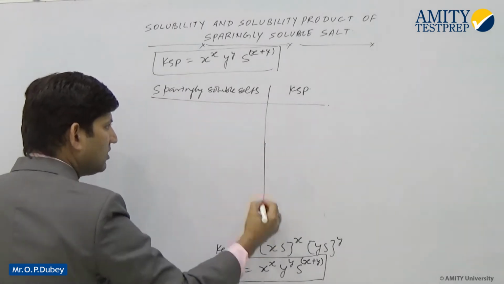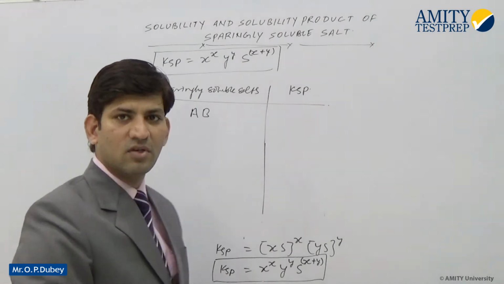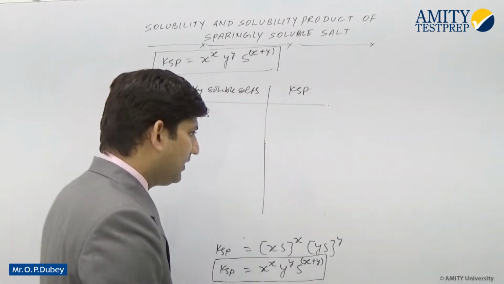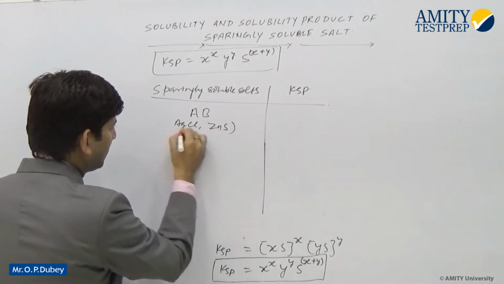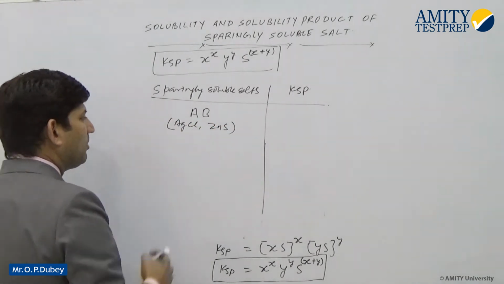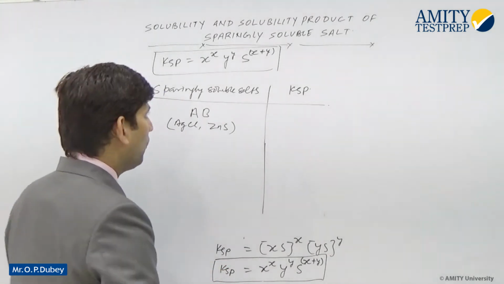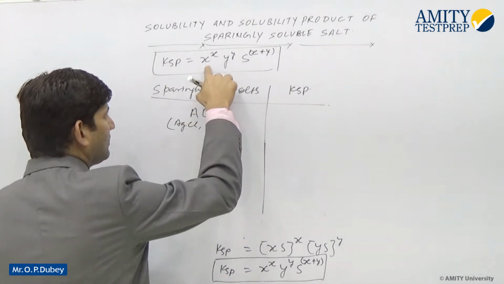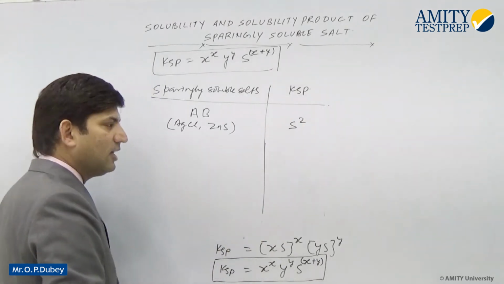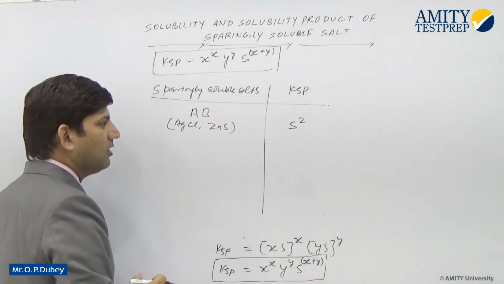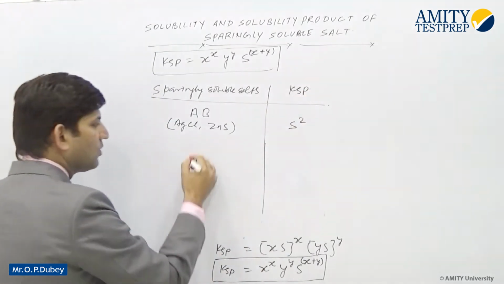Suppose the sparingly soluble salt is AB type, like AgCl, ZnS, etc. For an AB type salt, the values of x and y are 1 and 1, so the Ksp expression is S squared. That means for an AB type sparingly soluble salt, Ksp is equal to S squared.